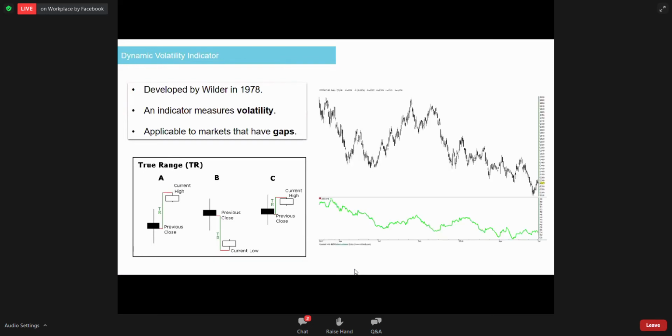So this is an example of the FCPO daily chart. This is from 2 years ago, but it's still a very important graph if you read it correctly. We have the 14-day average true range here. You see the average true range is dropping.